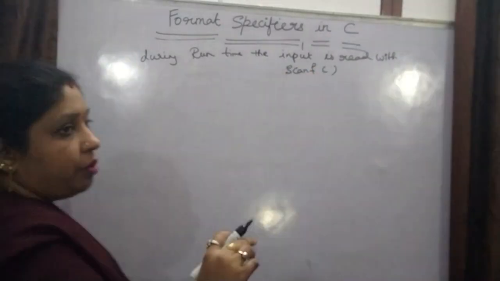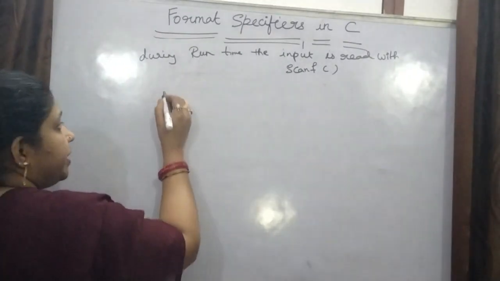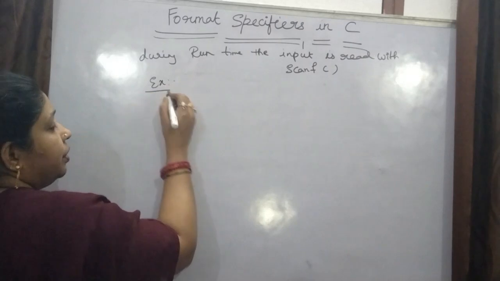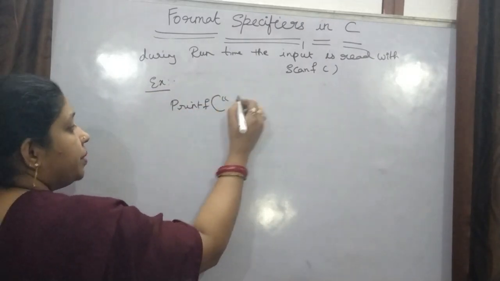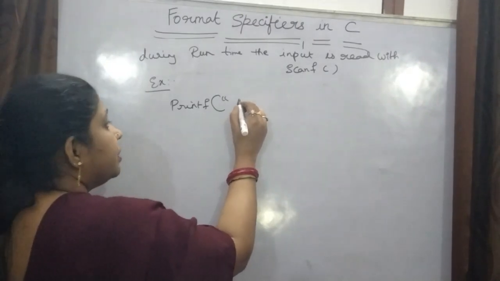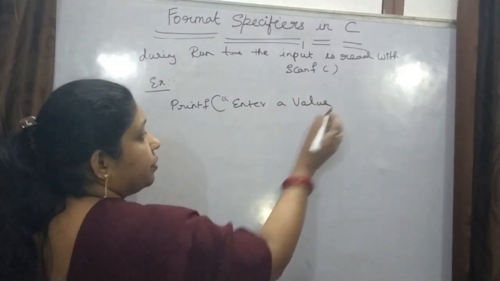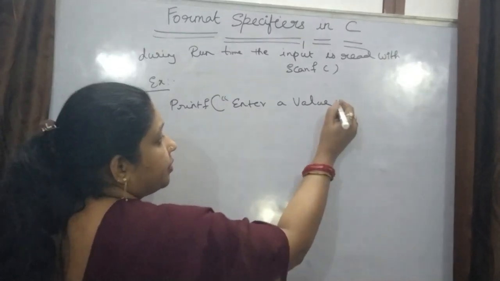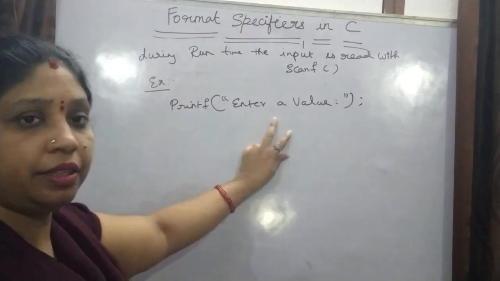So now I am writing only the scanf function. First in the program, for example, printf, open the braces, enter a value. Think that this is there. You have given the printf statement like this.